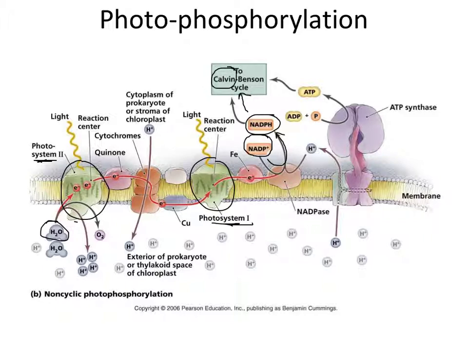Calvin-Benson basically just means the Calvin cycle. What's going to happen there is electrons are going to go to CO2, which is going to result in the formation of sugars.